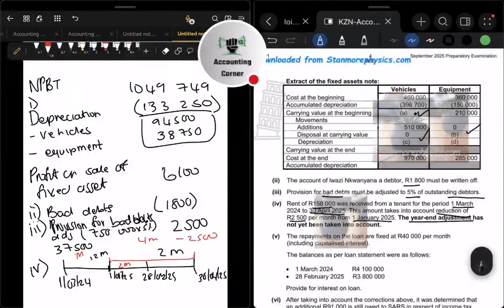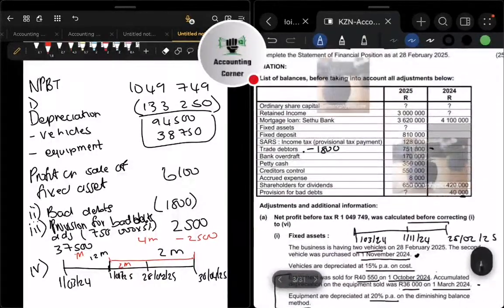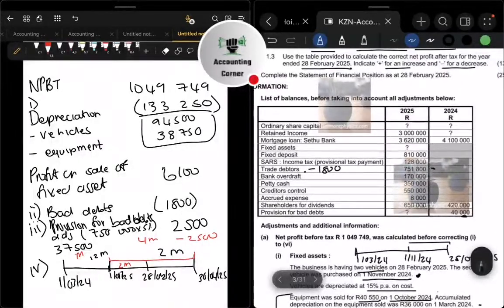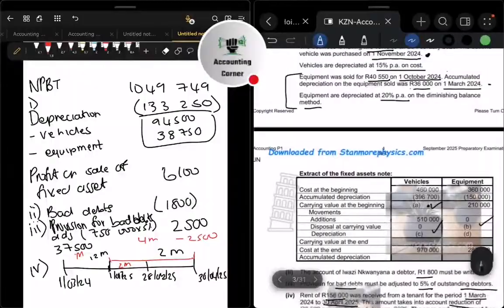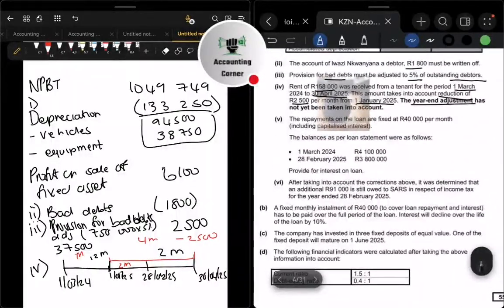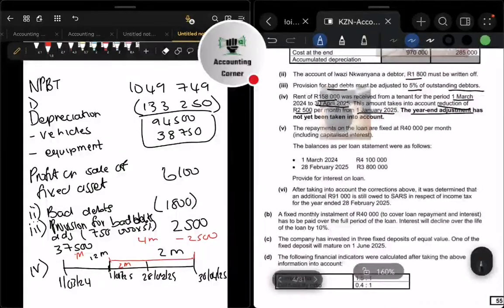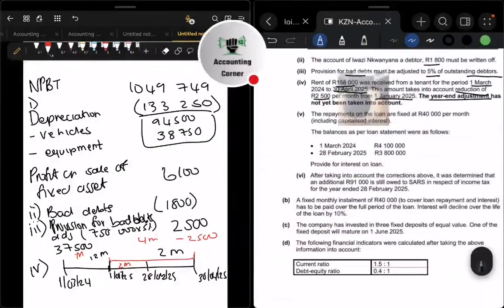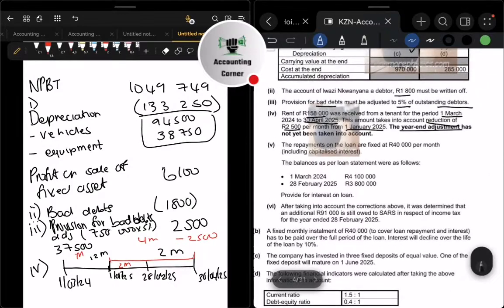Okay, so what have they given us as our total rent? Oh yes, they told us the total rent was 158,000.